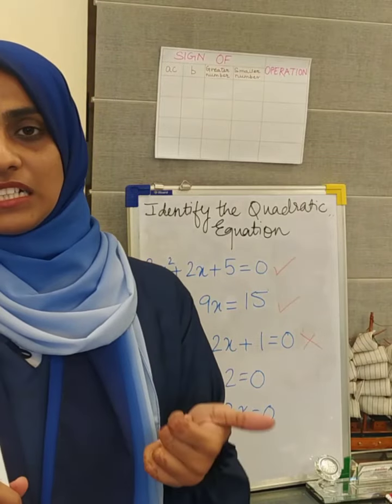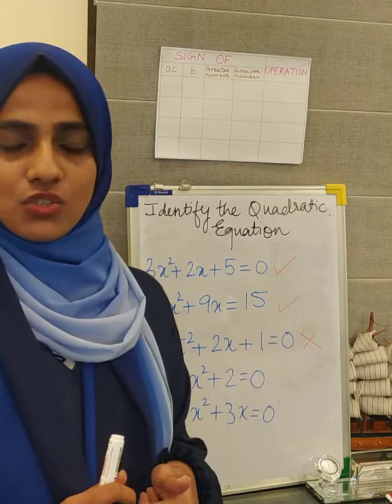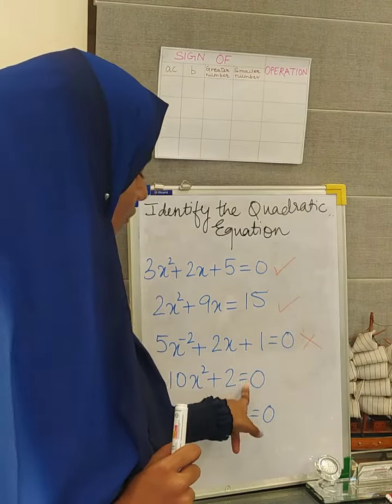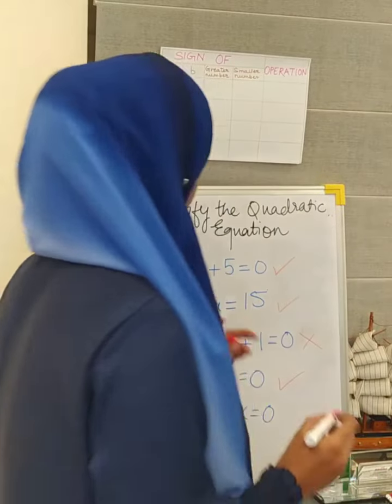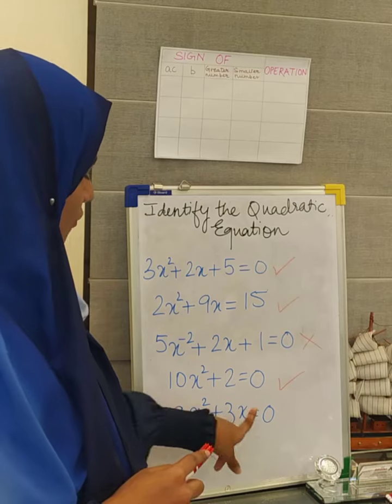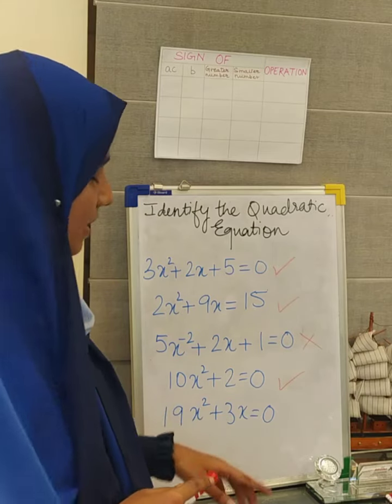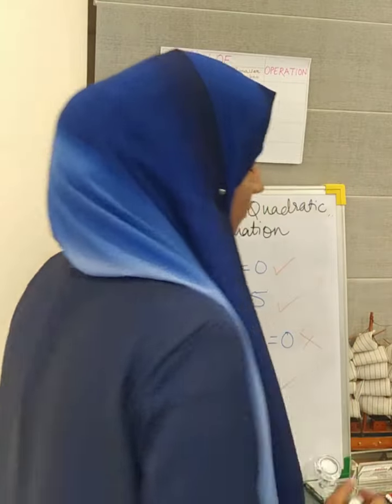Here the middle term is missing, but still the highest degree is 2 and also the equation is having an equal to sign. That means it is a quadratic equation. In the last equation, we have equal to sign and also the highest degree is 2. So this is also a quadratic equation.